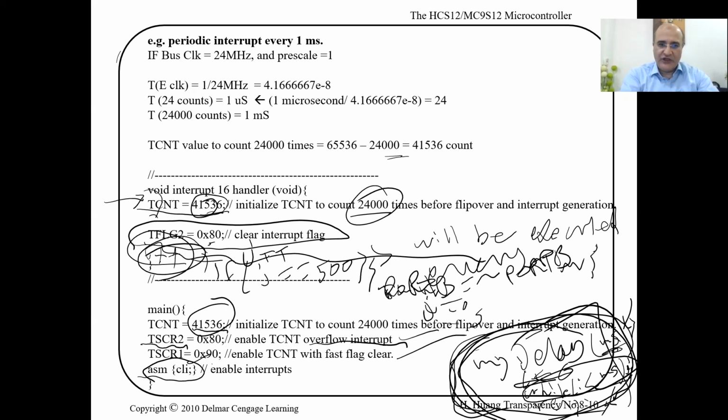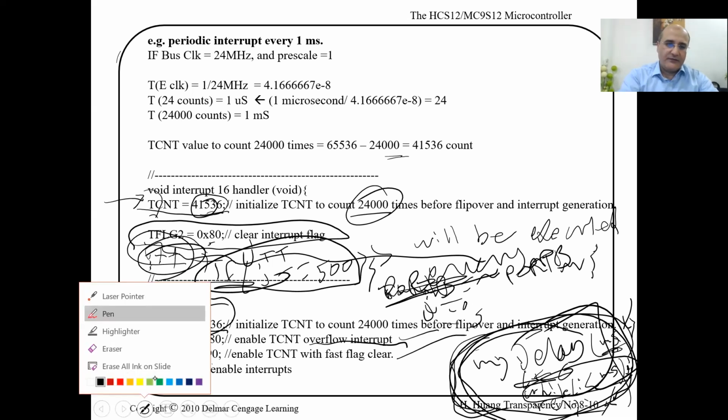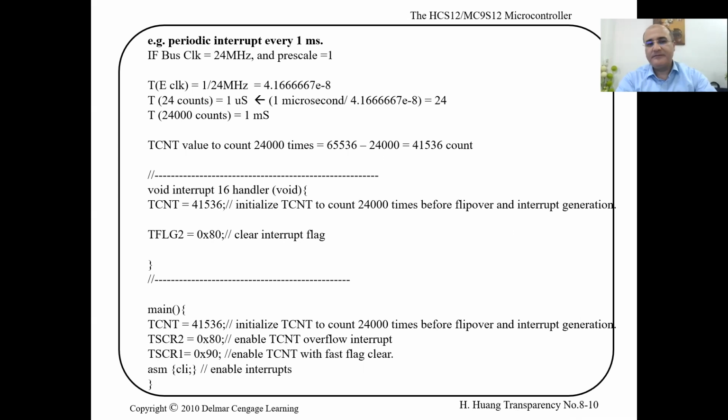So j keeps counting from 0 to 500, 0 to 500. Every time this condition is true, you can flip the LEDs or do whatever, or enable a task.